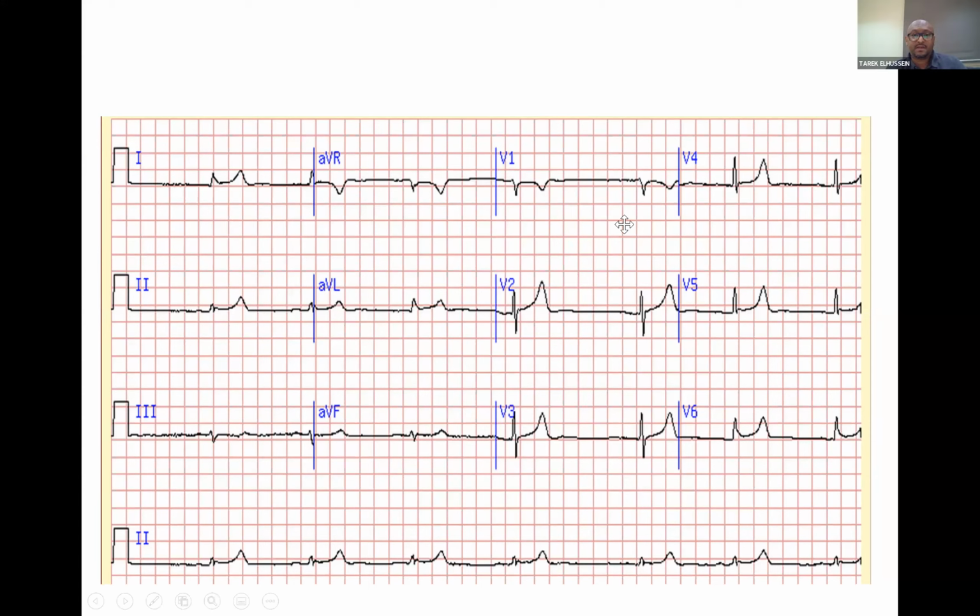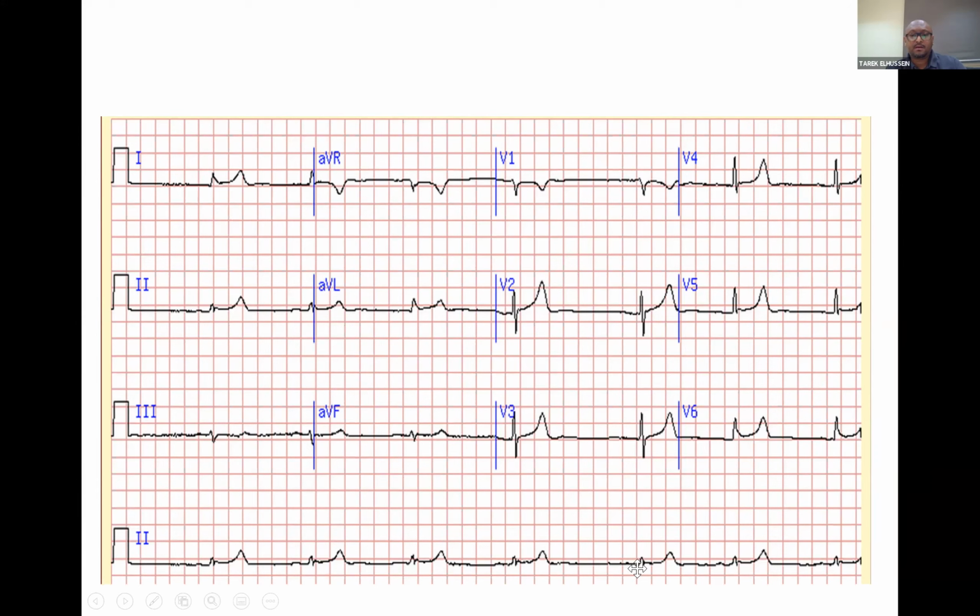So just briefly, look at the baseline. In the baseline here, you don't see a clear atrial activity, okay? So this could be a baseline artifact, or it could be atrial fibrillation. I look at the QRS complexes. Are they regular or irregular? Irregular. Yes.